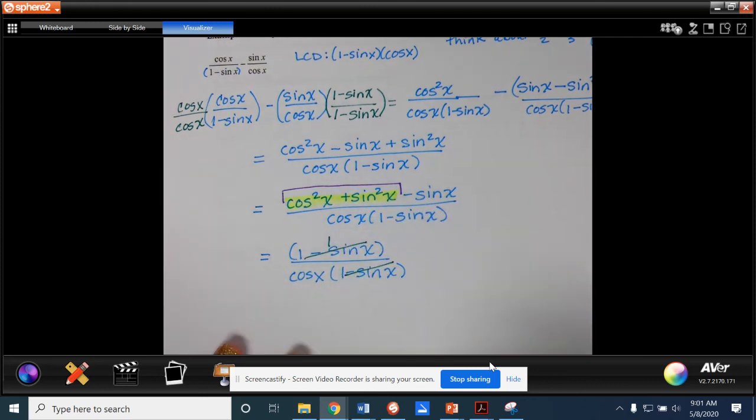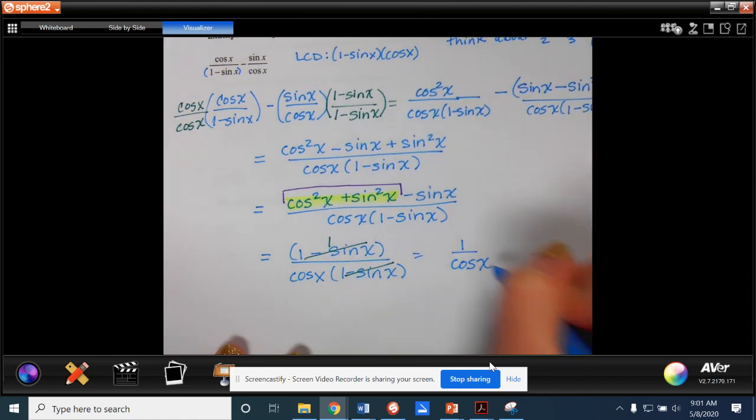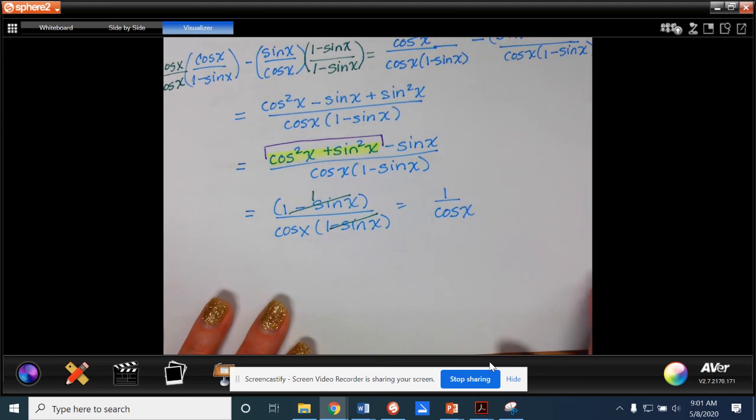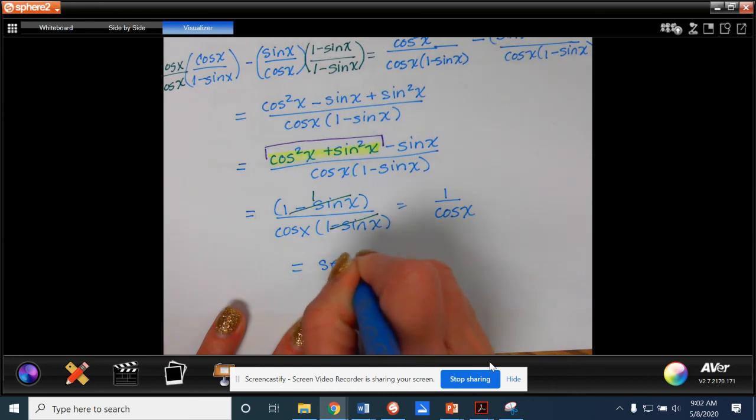So I get that reduced down to 1 over cosine x. Well, yes, I did start in cosines and sines, but can I simplify it to just being something in the numerator and not in fraction form? I can. So let's go ahead and do that. 1 over cosine is the same as secant. So this becomes secant x.